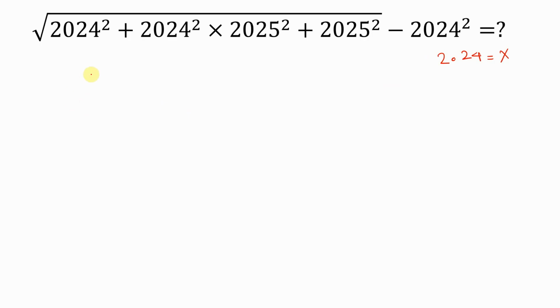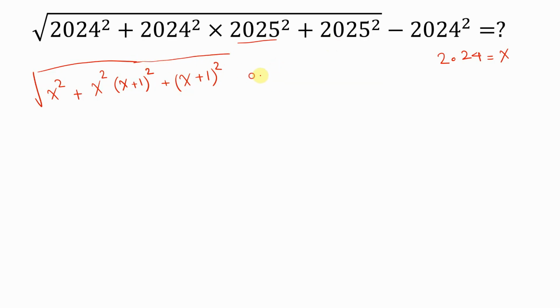So here we have the square root of, instead of 2024, x squared, plus, instead of this one, x squared times x plus 1 squared instead of 2025, and the last term x plus 1 squared, minus 2024 to the power of 2, which is x squared.